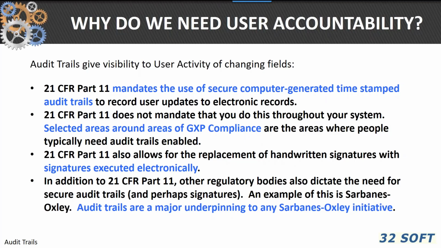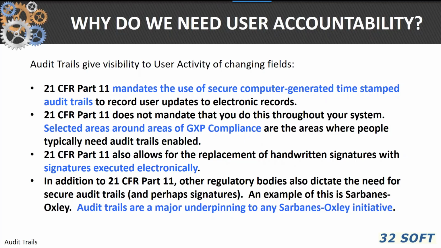So in other words, if a user changes a field or something in QAD changes a field, the CFR wants you to keep track of that. So QAD has given us these audit trails.